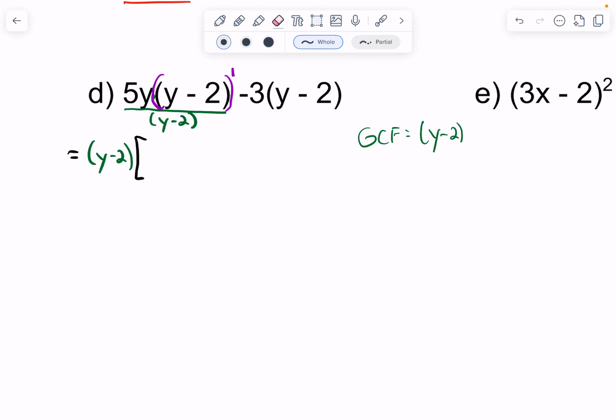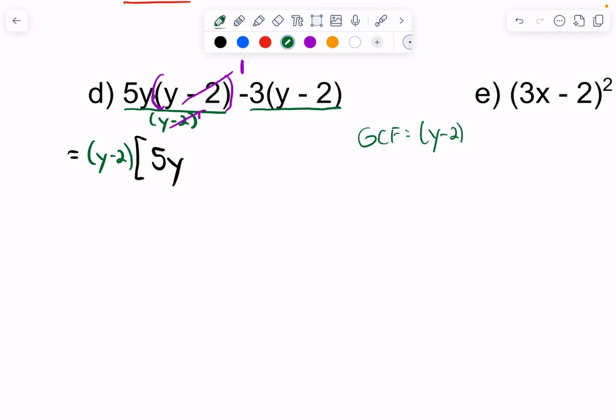There's technically a 1. There's one of these. And I'm dividing it by 1 on the bottom. So these cancel, right? And again, saying cancel really means they're turning into 1. And then that 1 times that 5y just leaves you with 5y.